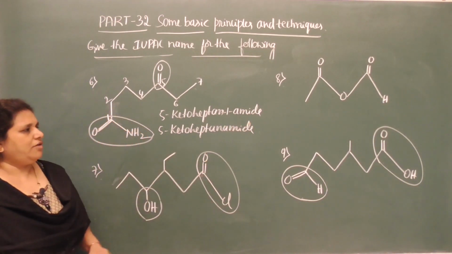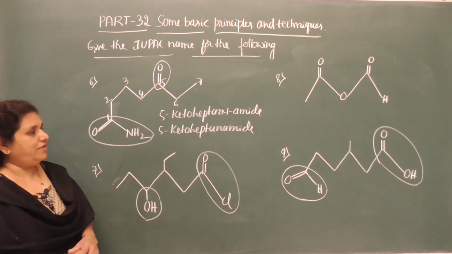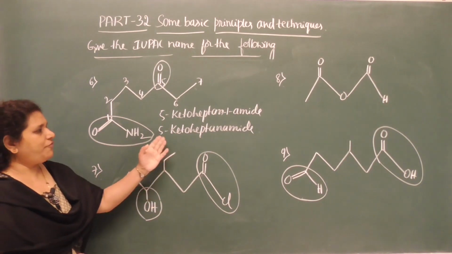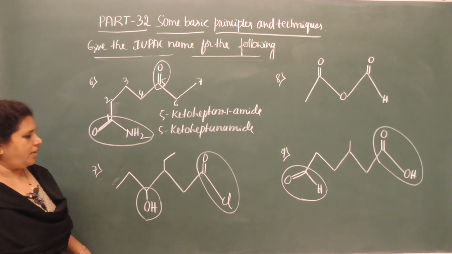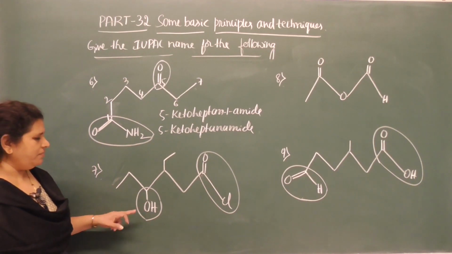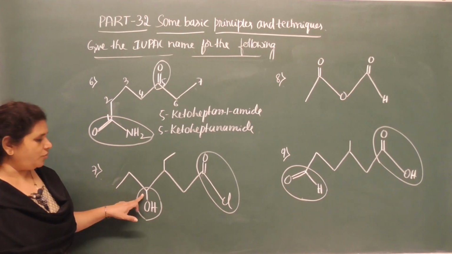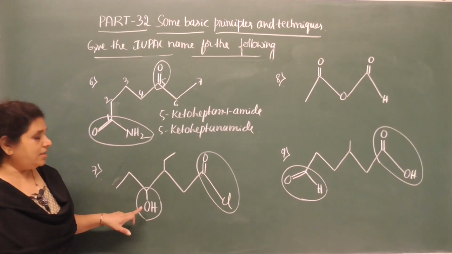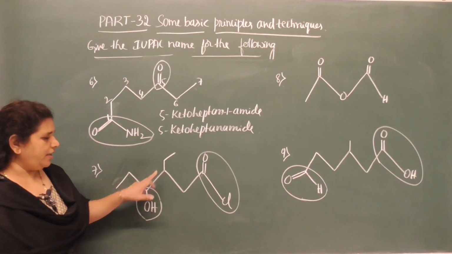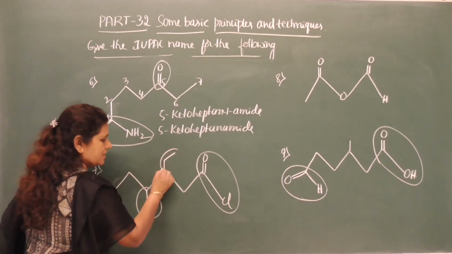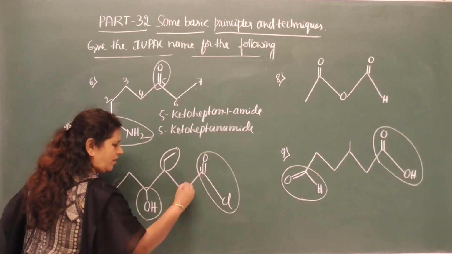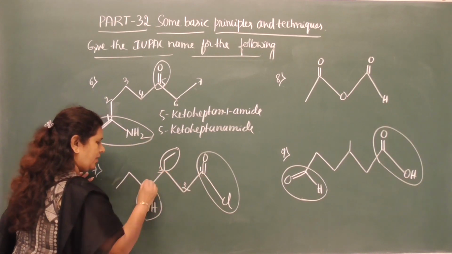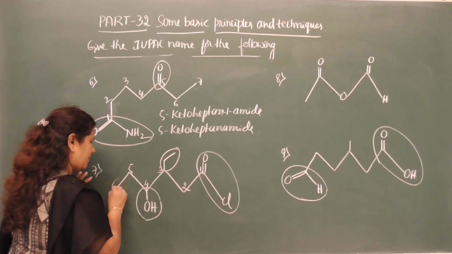Instead of keto, you can even use oxo, 5-oxo heptanamide. Now what about the sixth one? So we have an OH group here, we need to treat it as the substituent, and here is an ethyl group, and this is hydroxy. 1, 2, 3, 4, 5, 6.